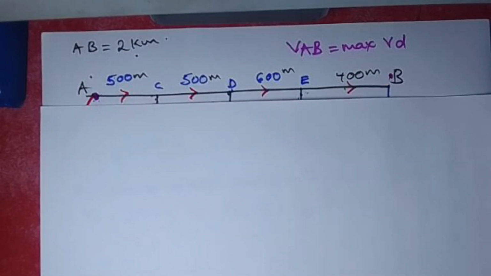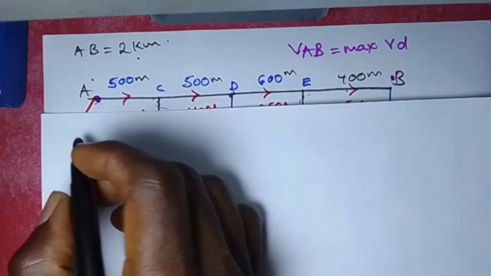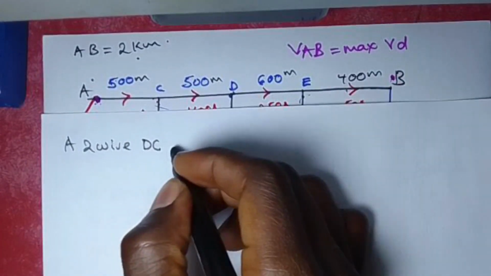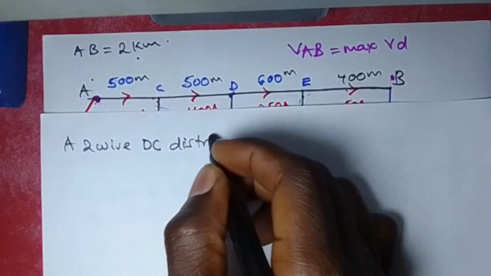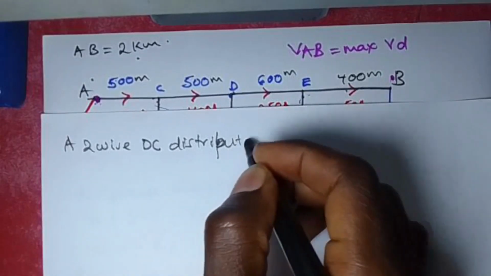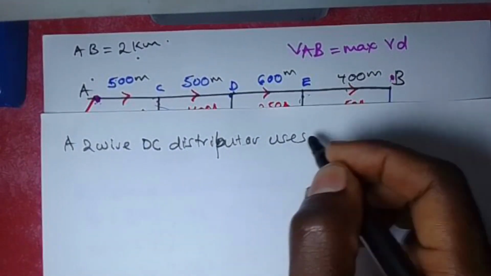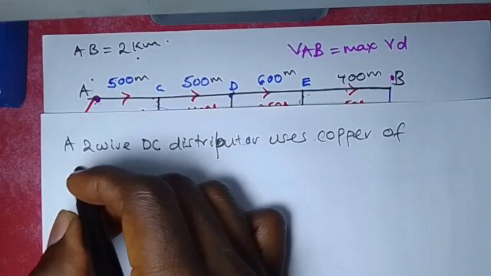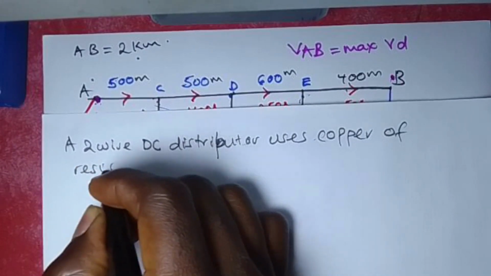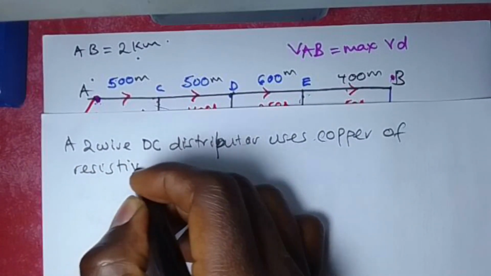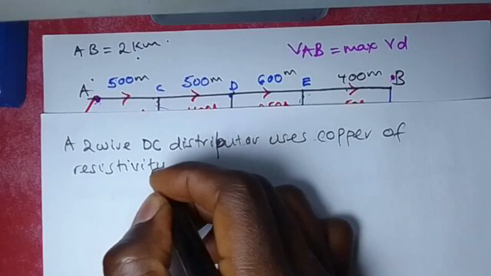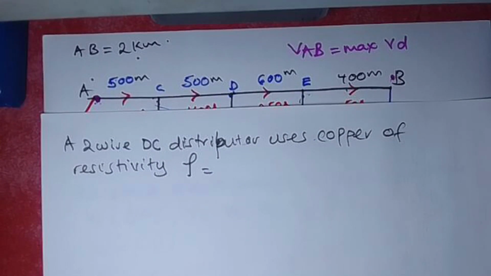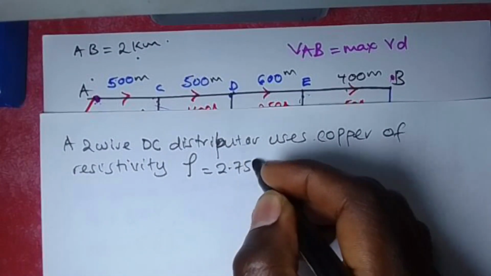For example, if they give you a two-wire DC distributor that uses copper of resistivity, which is always given as a certain value, maybe 2.75 times 10 to the negative 3.